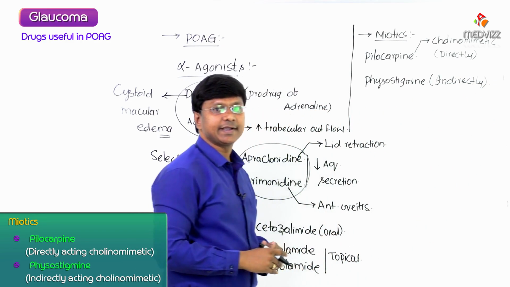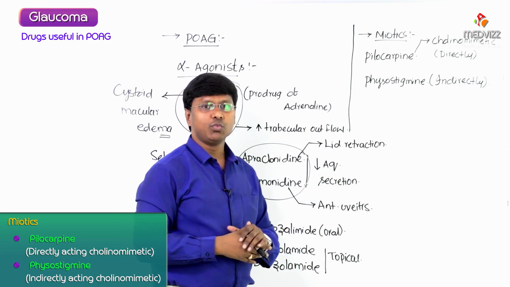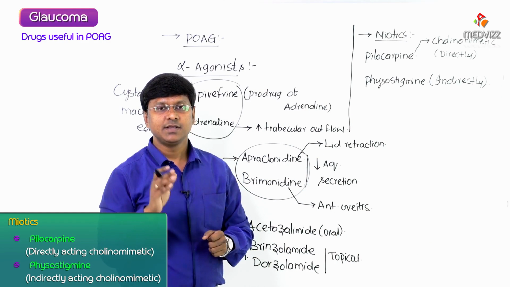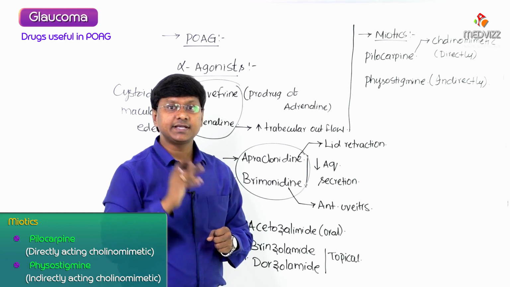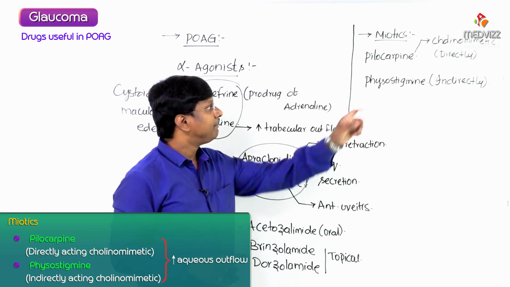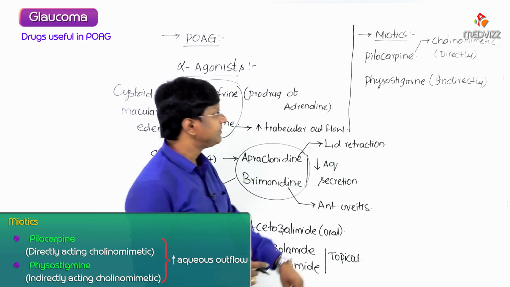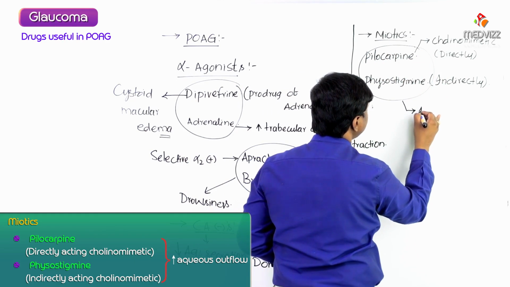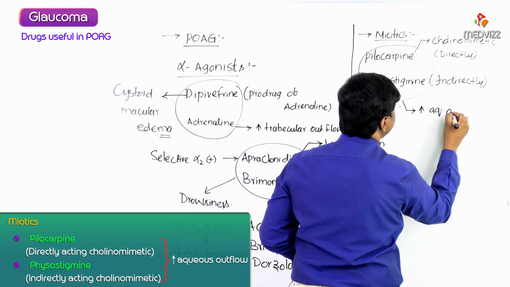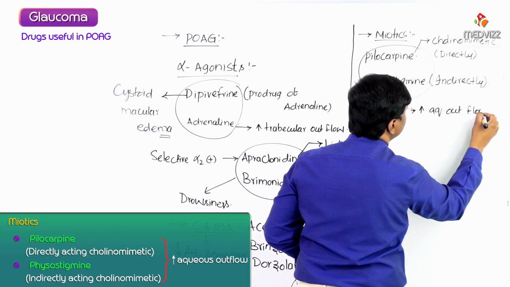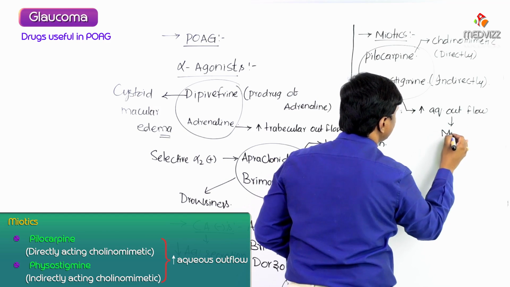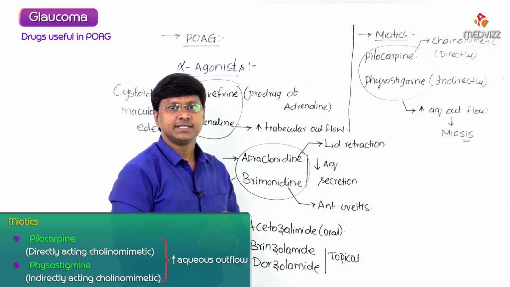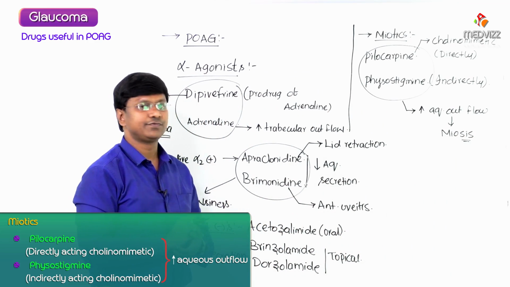Now what these miotics, pilocarpine as well as physostigmine, will do is that both of these drugs will increase the aqueous outflow by causing meiosis.